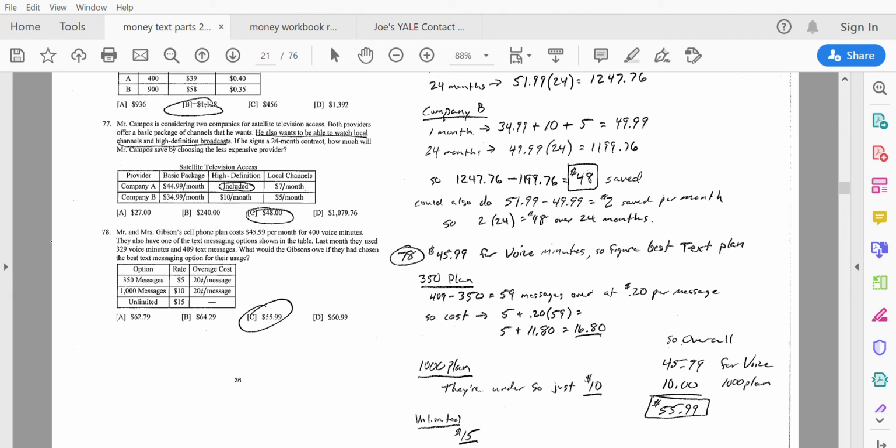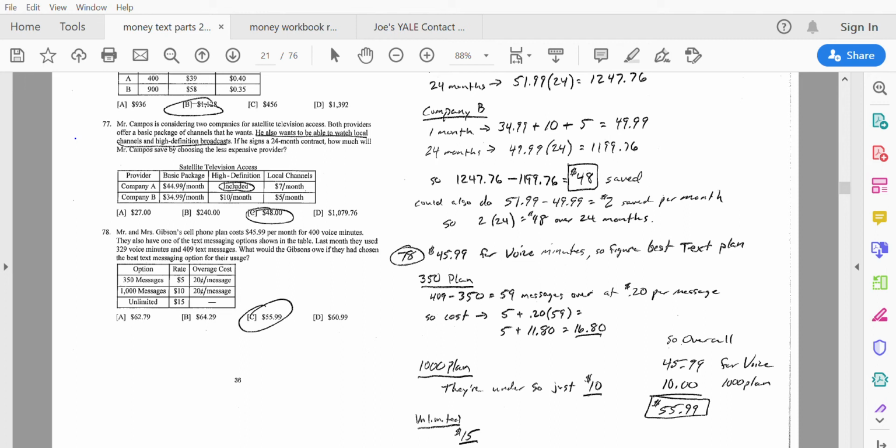All right, so that's number 78. They have a cell phone plan that costs $45.99 per month, and you get 400 voice minutes. So this is a little dated. We don't usually pay for a certain number of voice minutes anymore. You can talk as much as we want, but again, there are other things in real life that are like this.